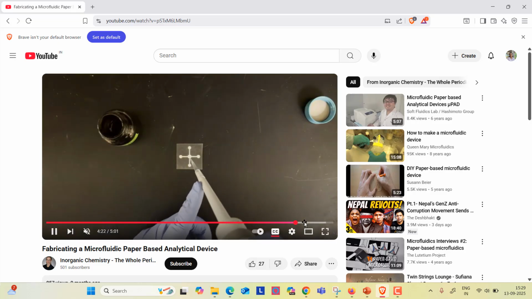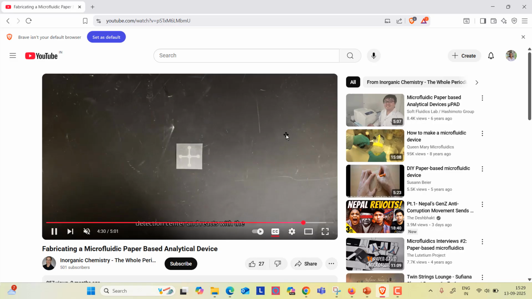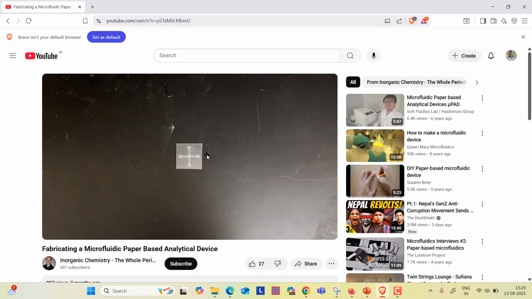Now the sample is given in the middle. These 4 are the detection zones and the sample is given to the middle and it will go to their destination because the background is hydrophobic.